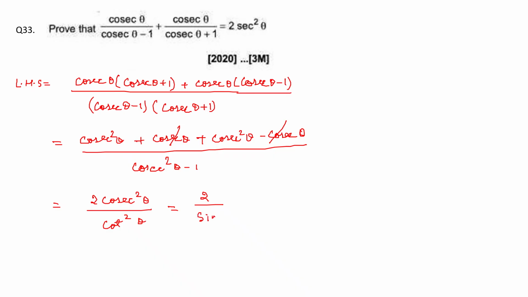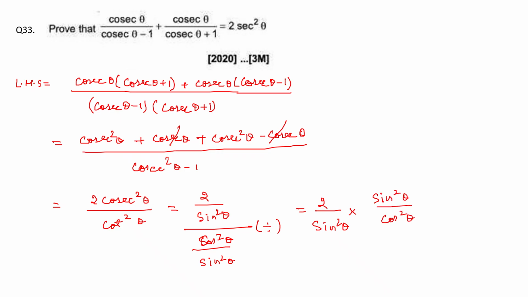So 2 by sine square theta divided by cot square theta, which is cos square theta by sine square theta. When you change this division to multiplication, it will be 2 by sine square theta, and write the reciprocal: sine square theta by cos square theta. So sine square theta cancels. It will be 2 sec square theta, which is equal to RHS.